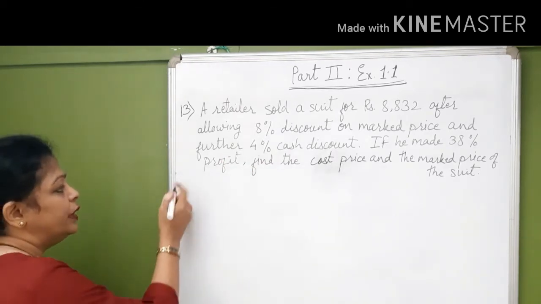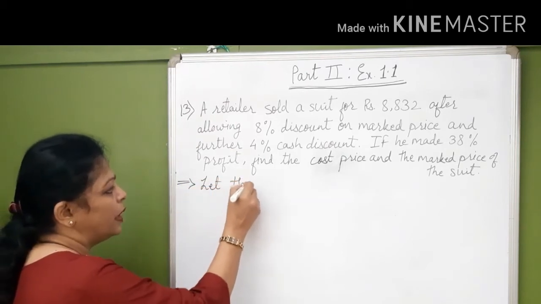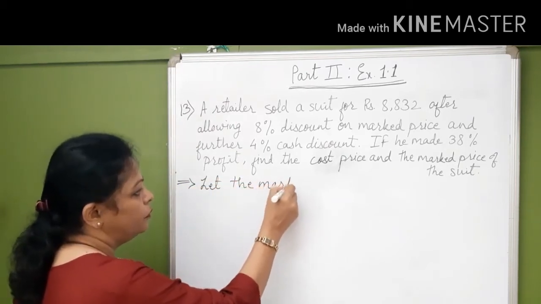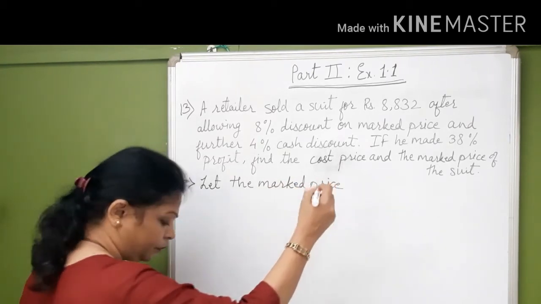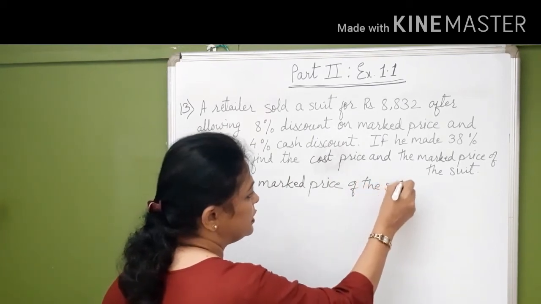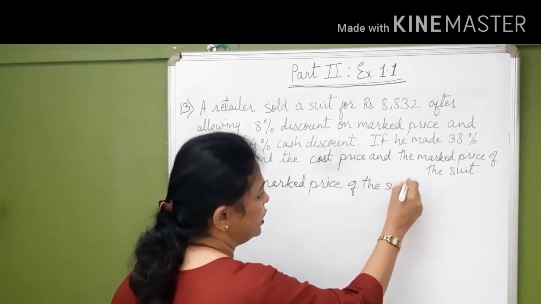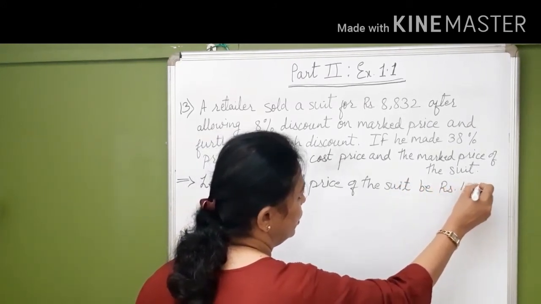So what we will do is, let the mark price of the suit be rupees X or be rupees 100. Let us take 100. Be rupees 100. Correct?